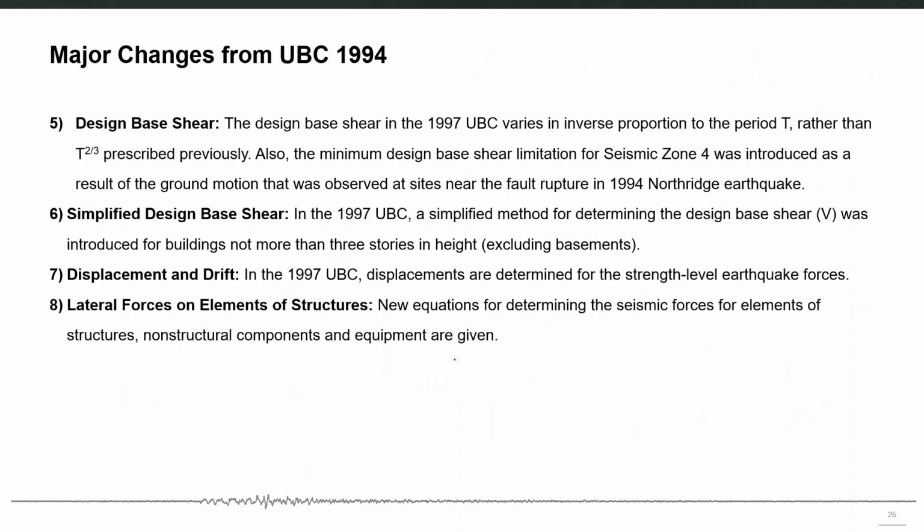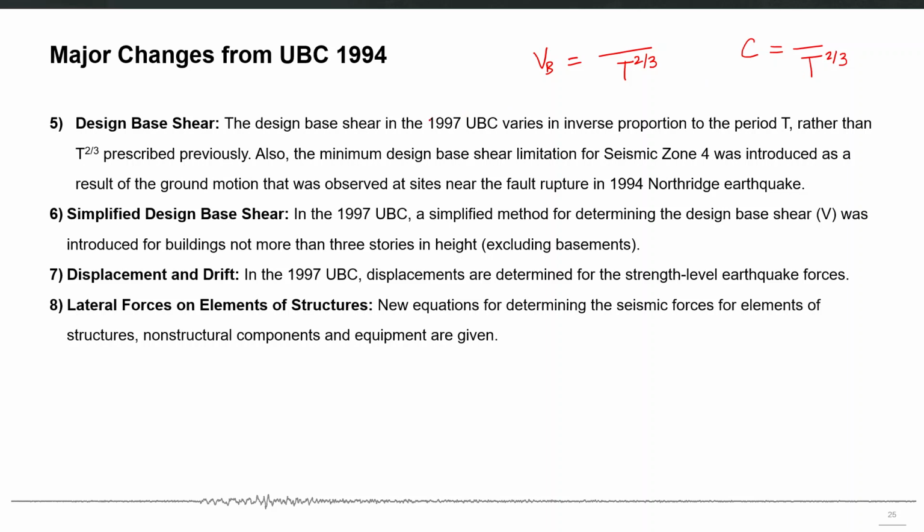The design base shear expression was also modified. In the previous version, the design base shear VB was inversely proportional to T raised to the power 2/3. As you have also seen in the previous part of this lecture series, the previous versions of this base shear formula contained the base shear coefficient C, and that C was inversely proportional to T raised to the power 2/3.